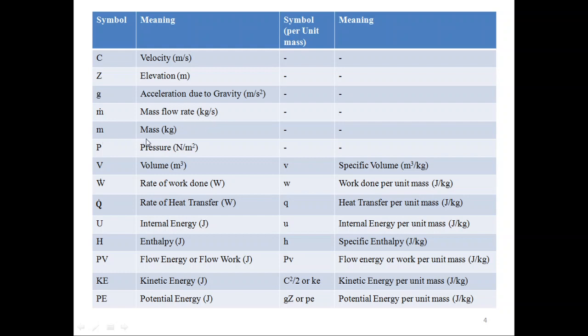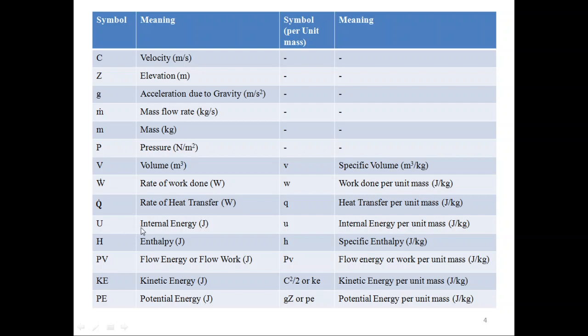M represents mass in kg. P represents pressure in Newton per meter square. Capital V represents volume in meter cube. W over dot represents rate of work done in watt. Q over dot represents rate of heat transfer in watt.